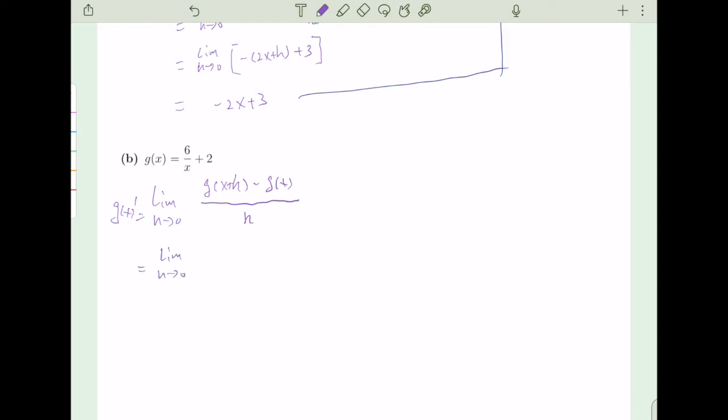Plugging this into g of x plus h, just replace x with x plus h. This one, okay, minus g of x, that is this one. And this altogether divided by h.